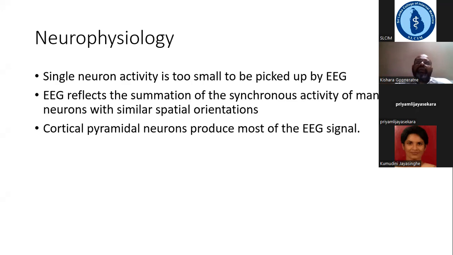So say for example, if the electrical field is at 90 degrees to the electrodes, it is highly unlikely that the surface electrodes of the EEG will pick up those signals.